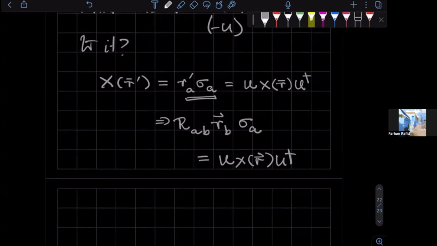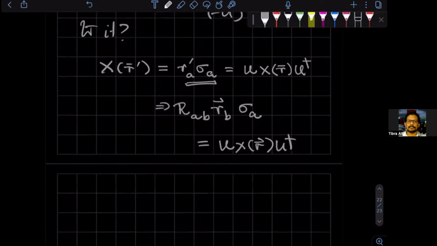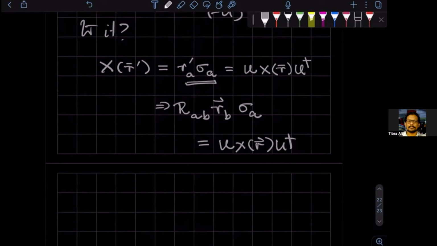Okay. Now we are going to assume that our rotation is something very small. Before we do that, let's write the right-hand side explicitly as well.